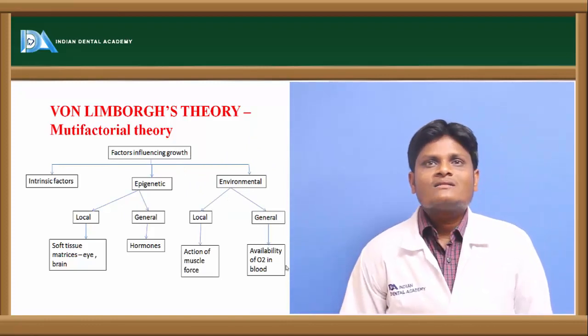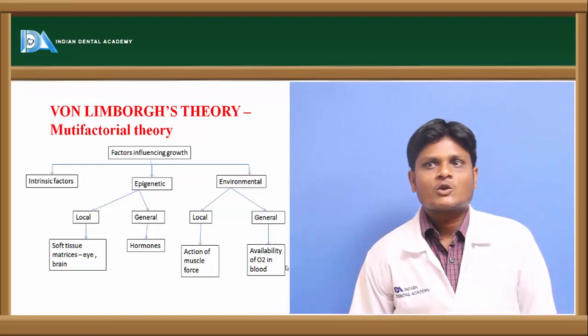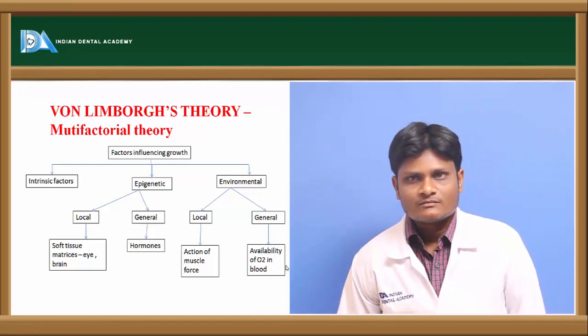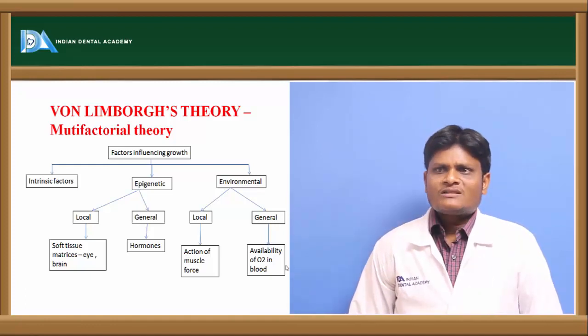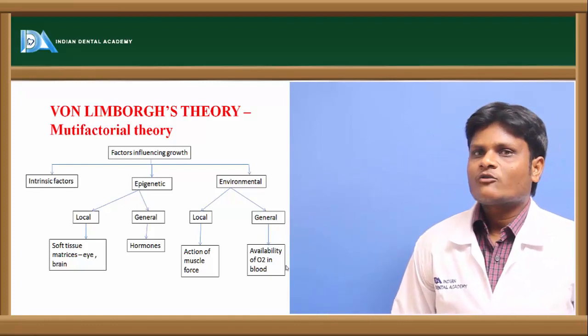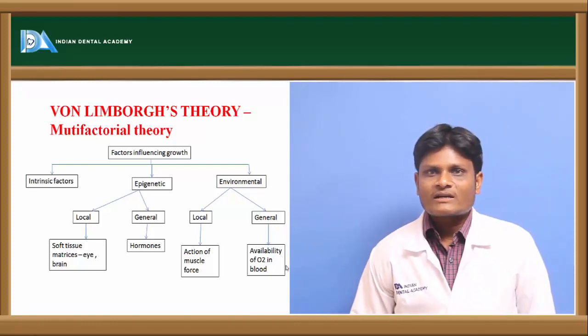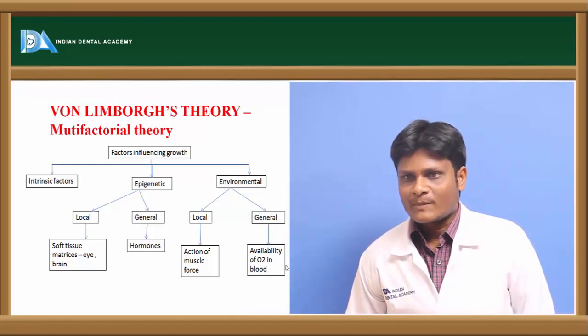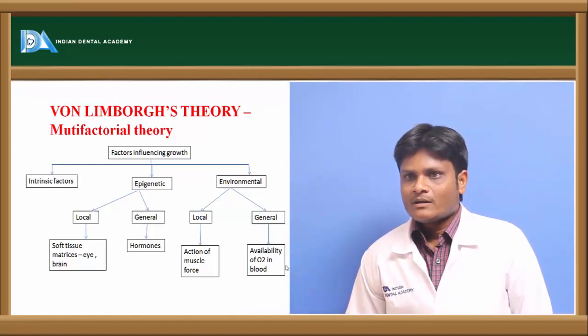The next important theory of craniofacial growth is von Limburg's multifactorial theory. According to this theory, the growth is influenced by three kinds of factors: intrinsic factors, epigenetic factors, and environmental factors.